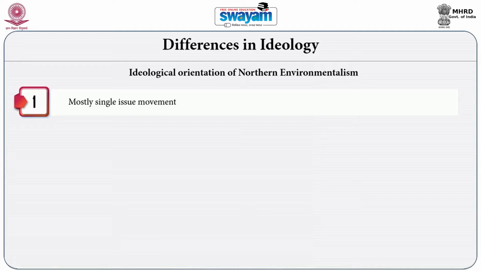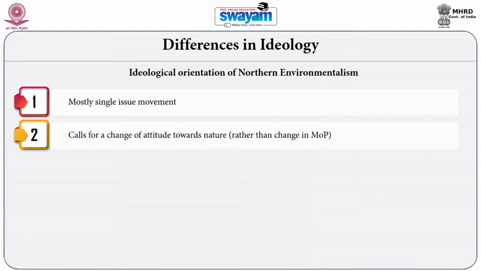So in that sense, the ideological orientation of these movements calls for a change in attitude towards nature rather than a change in the mode of production. What these movements ultimately demand is a change in the attitude towards nature. Therefore, these kinds of environmental ideas in the global north run parallel to the consumeristic society.